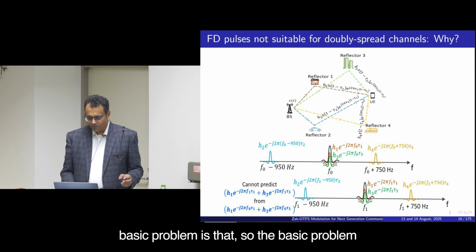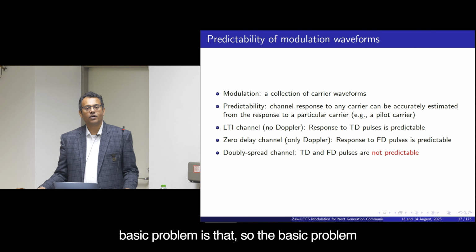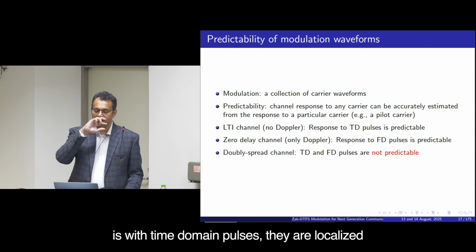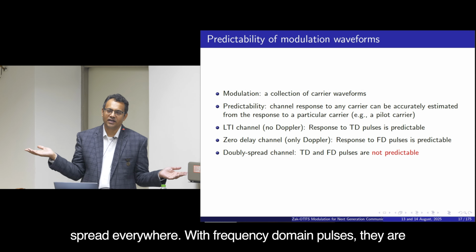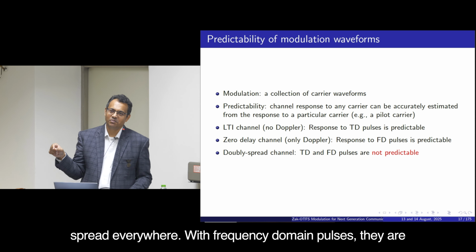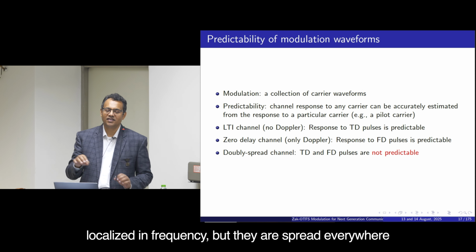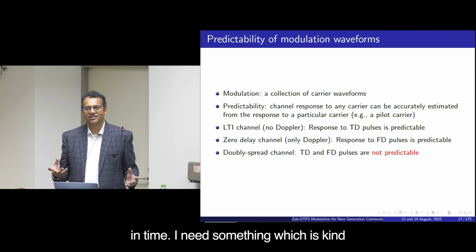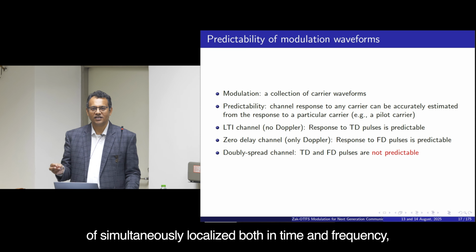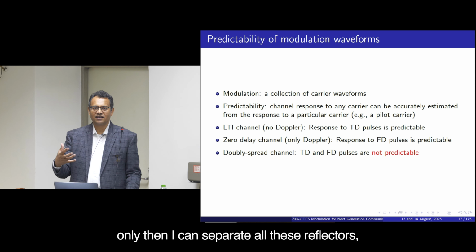The basic problem is that time domain pulses are localized in time, but in frequency they are spread everywhere. With frequency domain pulses, they are localized in frequency, but spread everywhere in time. I need something which is simultaneously localized both in time and frequency.